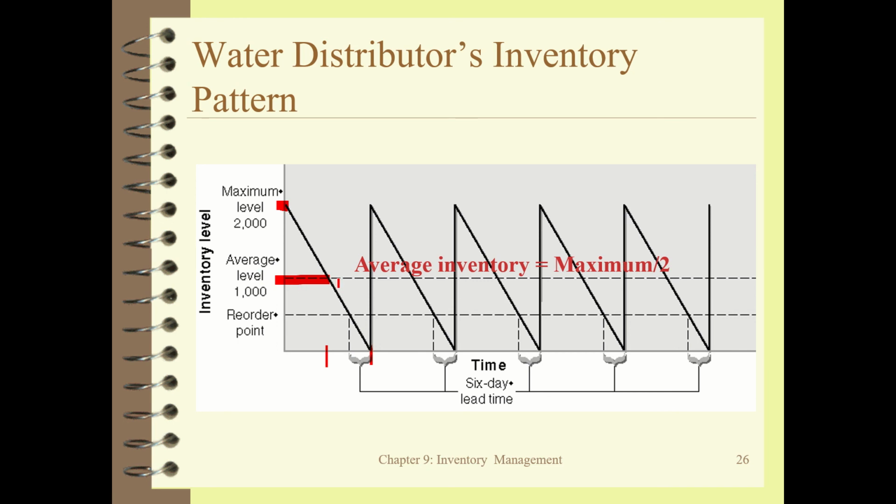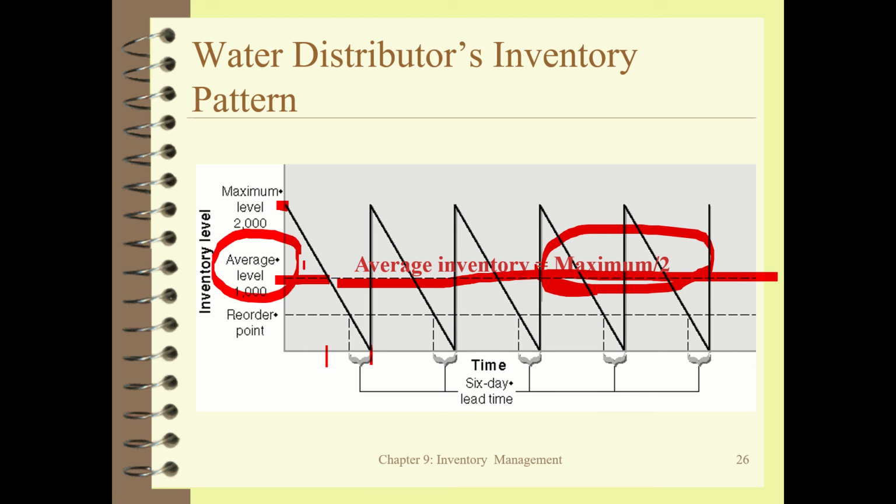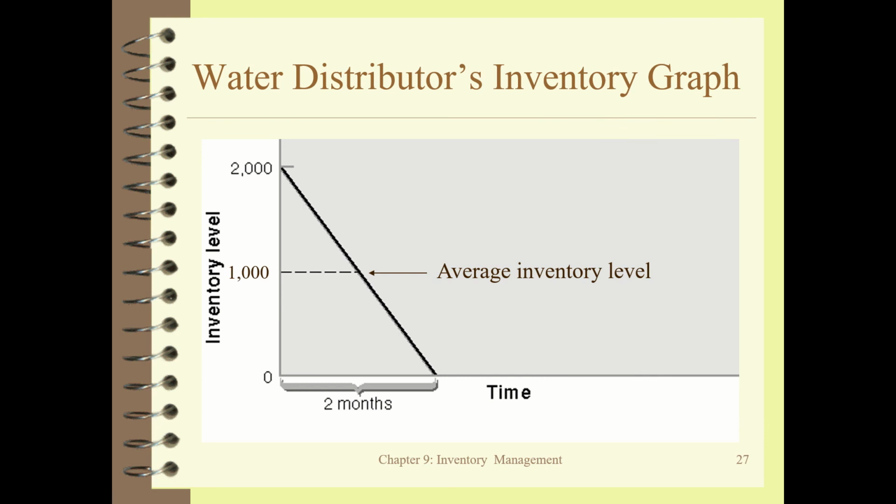And this one is the average inventory. Average inventory is equal to maximum inventory divided by 2, right? So we got the average inventory level. Here, the average inventory level is 1,000, with 2 months to finish.